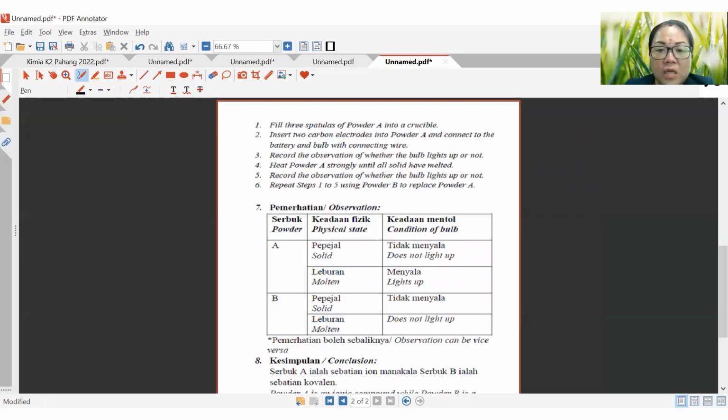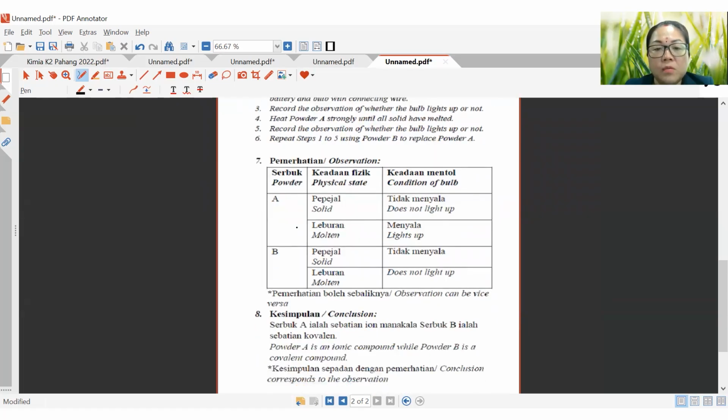Heat powder A strongly until all solids have melted. Then record the observation. After recording, repeat steps 1 to 5 using powder B to replace powder A. So the observations are as follows. That means you have to check whether in the solid state it lights up the bulb, or in the molten form it lights up the bulb.